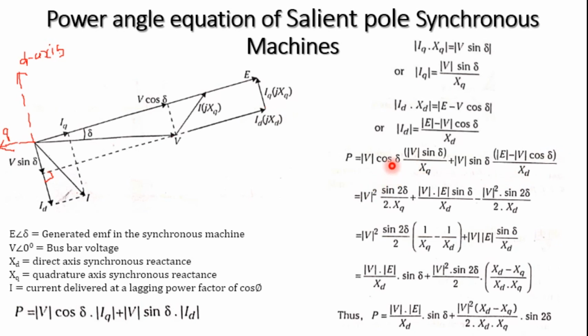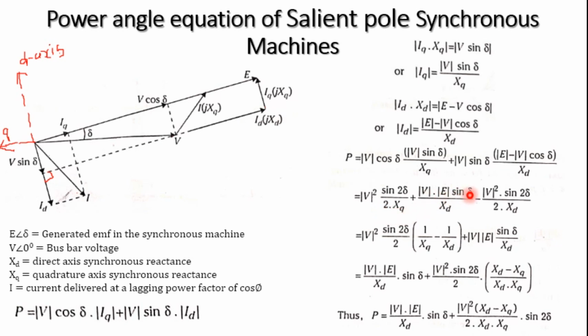Here V into V is nothing but V square sine 2 delta divided by 2XQ. How did we get this value? We are multiplying this E and the V, and we get V square sine 2 delta divided by 2XQ.